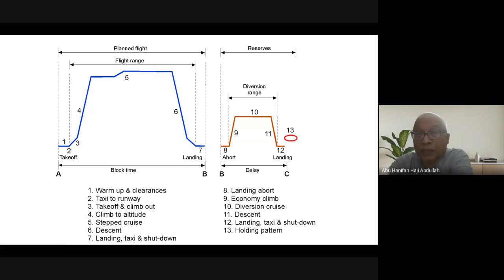If the airport has something on the runway, maybe there is an aircraft on the runway, maybe there is a weather problem, or maybe there was a disaster in the airport area, then you cannot land at the airport. So you also have to consider the diversion. So that is diversion range, diversion time. You also need to calculate the fuel for you to be able to achieve your diversion plan, your diversion strategy.